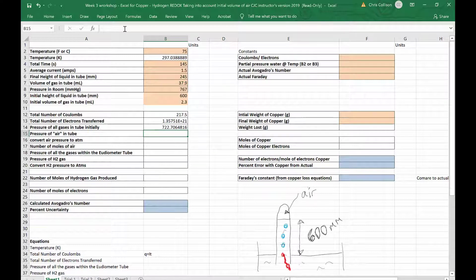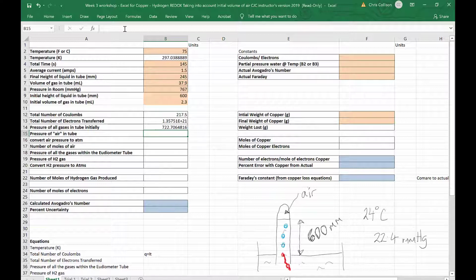Now, the pressure of the air in that tube must also take into account the vapor pressure of the water. And the vapor pressure of the water, if we look up, by the way, and you have to do this for the actual temperature in the room, but supposing that the temperature in the room now is 24 degrees Celsius or 75 degrees Fahrenheit, well, we find that the vapor pressure of water in that case is 22.4, and that's millimeters of mercury.